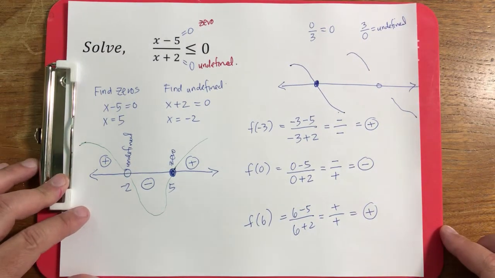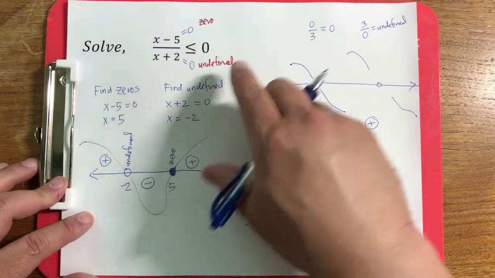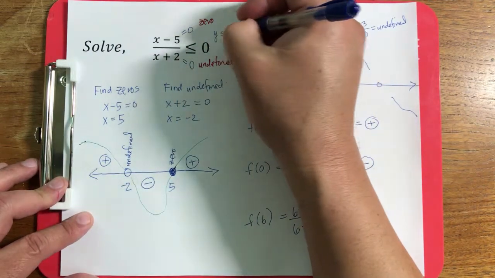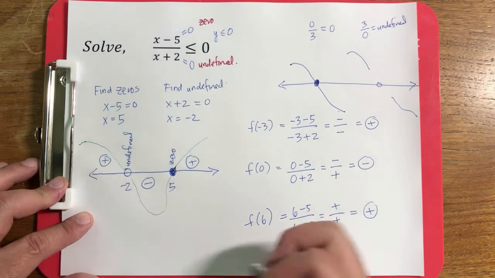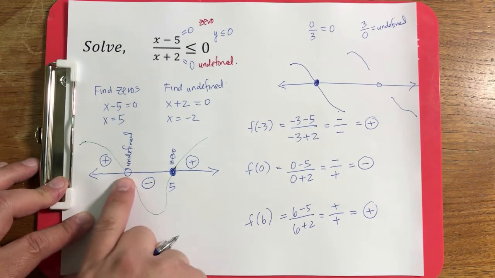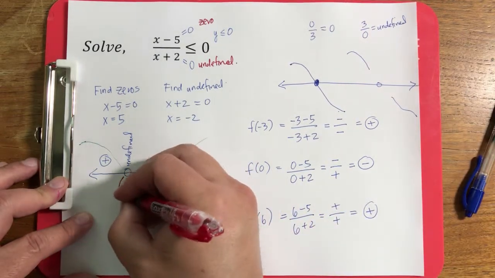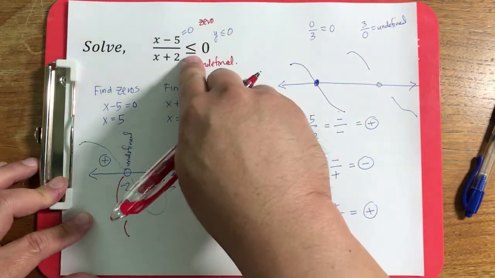Now, when we're looking for our solution, we have to be very careful. This is asking, when is this negative, right? When is y less than or equal to 0? Well, it's negative in the middle over here. Now, this point does not exist, which is why if we have an undefined point, we always use a paren, whether that is equal or not.